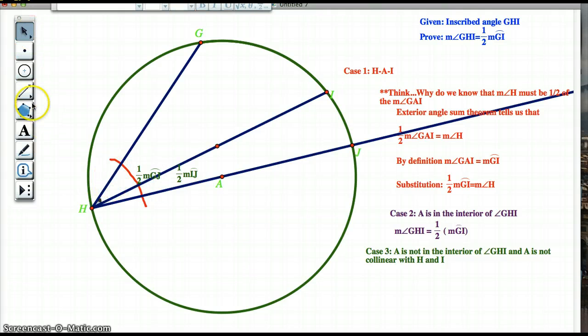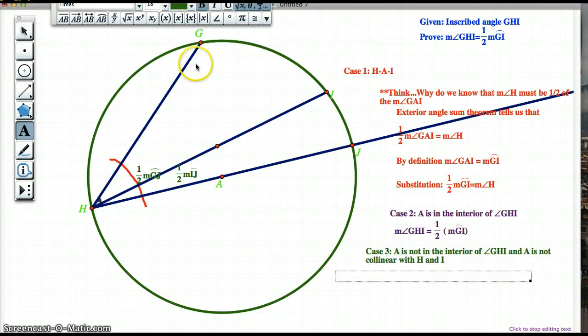So now what? Well, I know by angle addition that the measure of GHI plus the measure of IHJ will equal the measure of GHJ. And if I do a little algebra to rearrange that, what I notice is that this whole angle right here, the measure of angle GHJ, minus this little piece right here, the measure of angle IHJ, is equal to the measure of angle GHI.